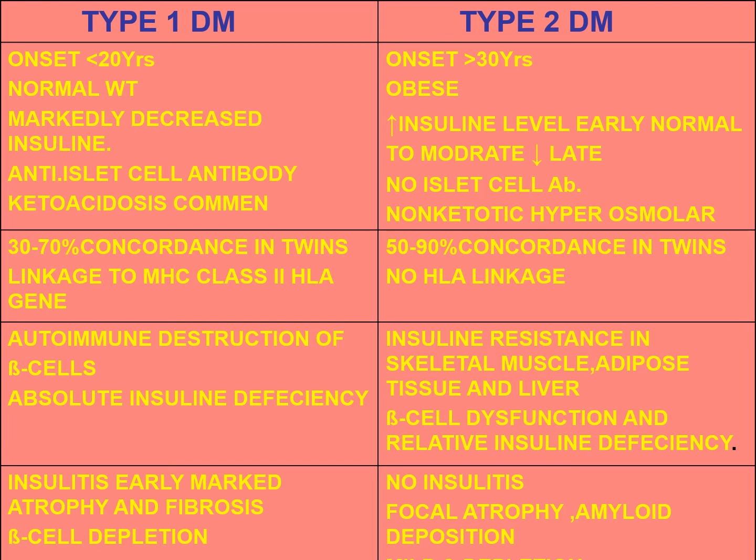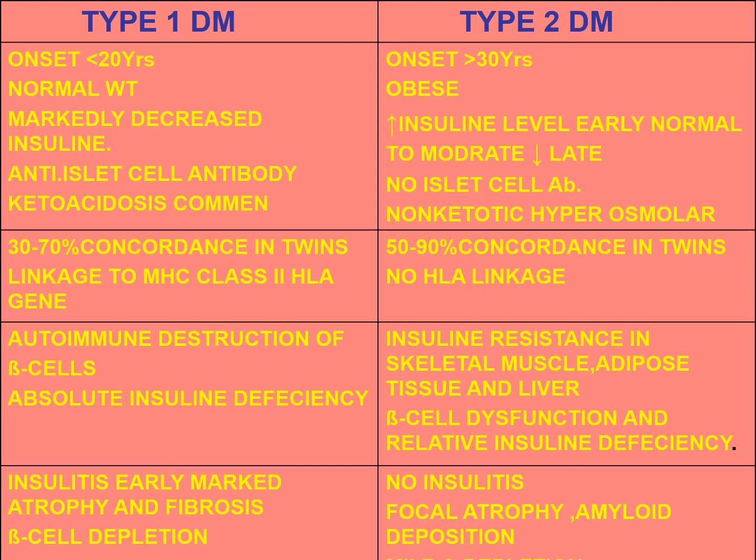There is 30 to 70% concordance in twins in type 1, which is in favor of autoimmunity. In type 2 there is 50 to 90% concordance, which means that genetics is most likely involved. Autoimmune destruction of beta cells can lead to absolute insulin deficiency, while insulin resistance in skeletal muscle, adipose tissue and the liver, and beta cell dysfunction are the characteristic features of type 2 diabetes mellitus.